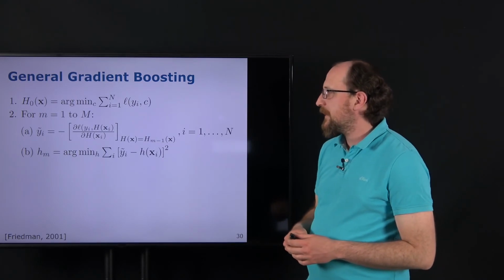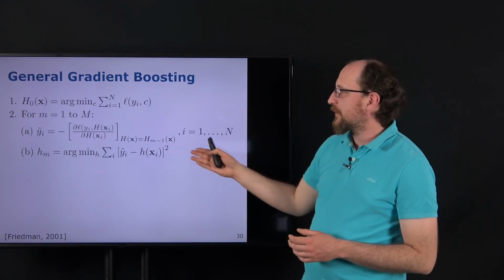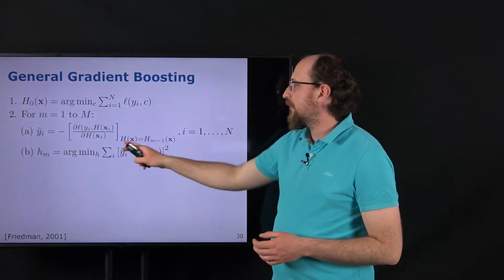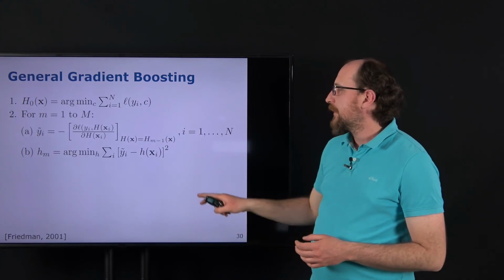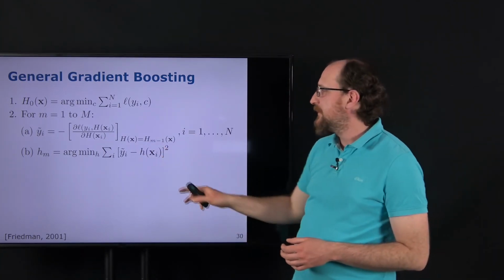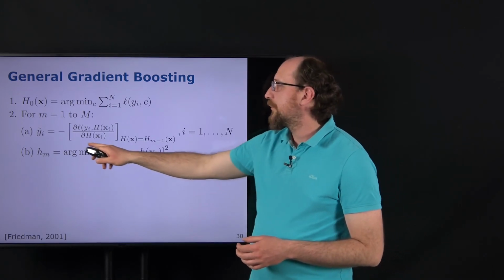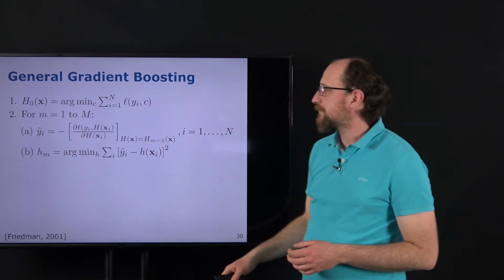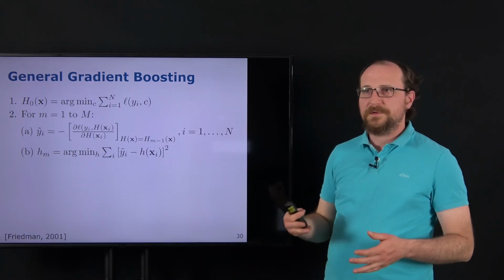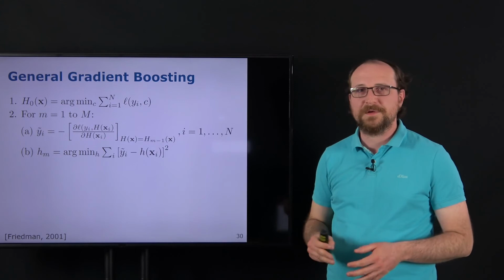Then we use our regression model. The weak learner h of m is a regression model that optimizes this, so it wants h of xi to be near the pseudo-residuals. This is then the approximation of the gradient of the ensemble at that point in time.